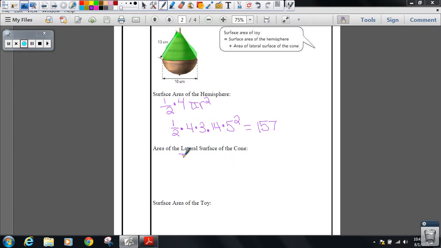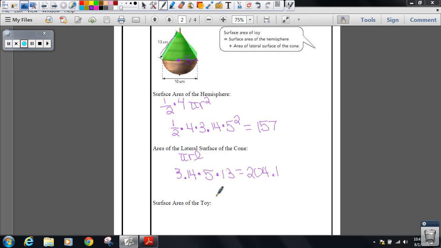So the only part of our formula that we're going to use is pi times r times L. Pi again is 3.14. R always stands for radius, so my radius would be 5, just like the hemisphere. And L stands for slant height, so my slant height on the cone is 13.